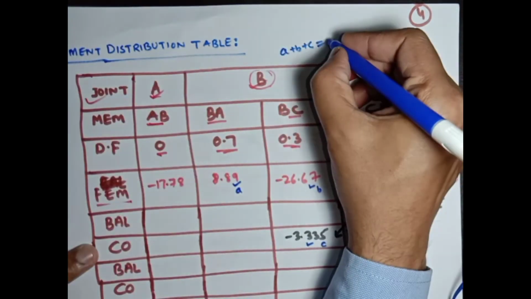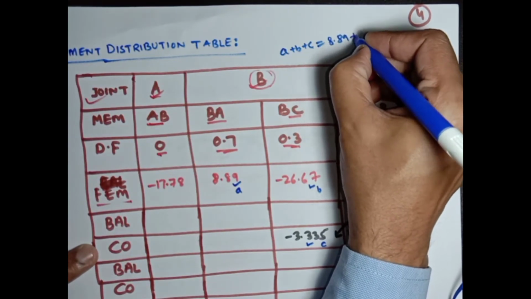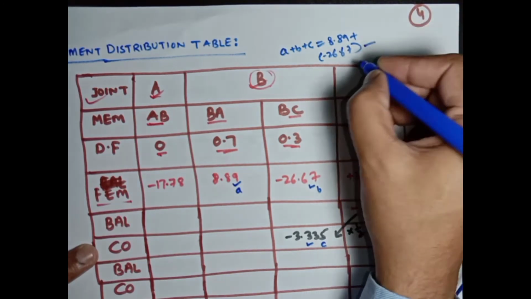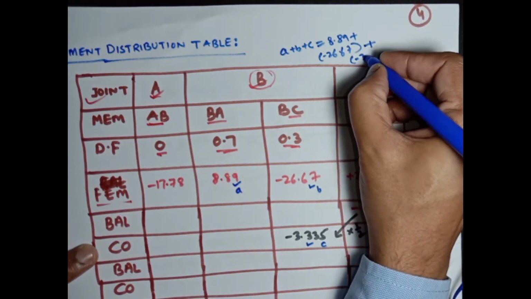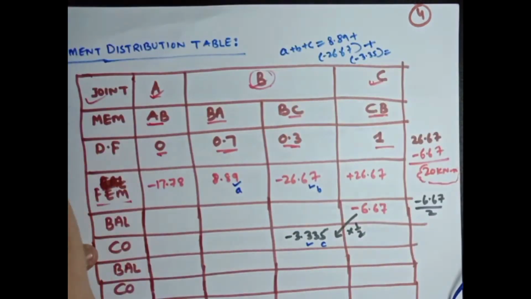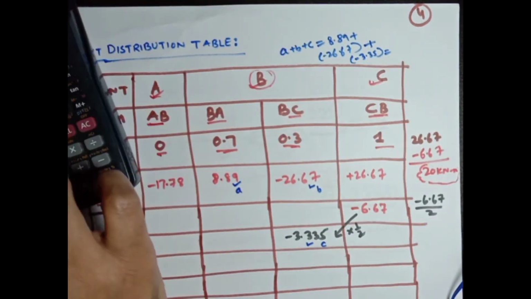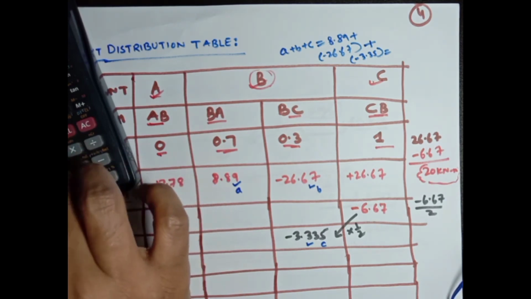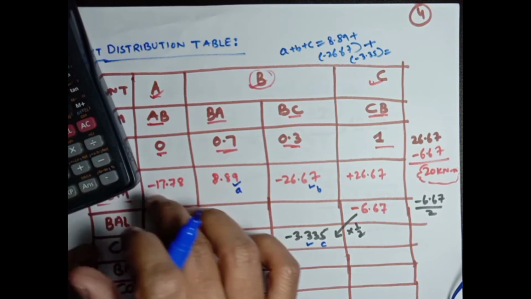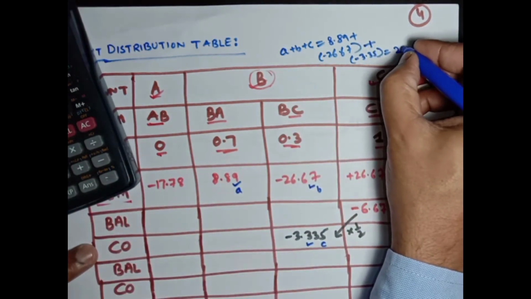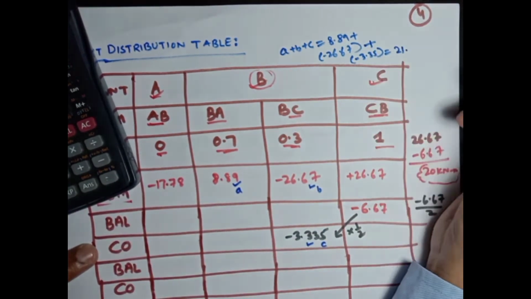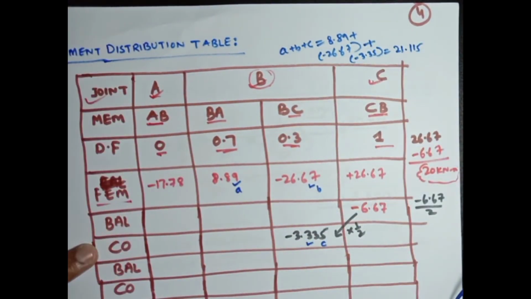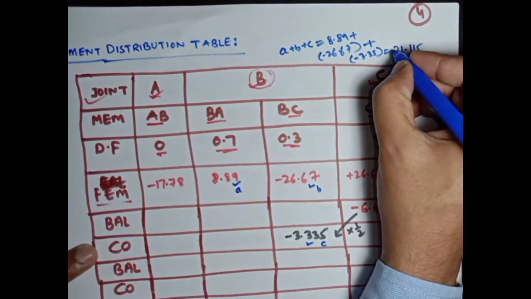A has a value of 8.89, plus B having a value of minus 26.67, and C with a value of minus 3.335. So it will be 8.89 minus 26.67 minus 3.335, which gives a value of minus 21.115.